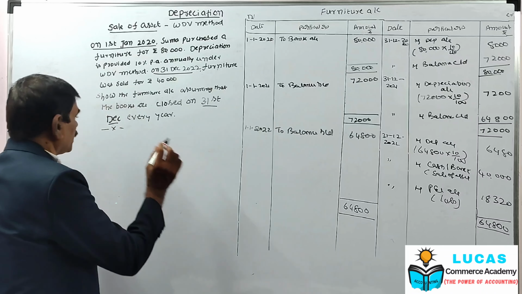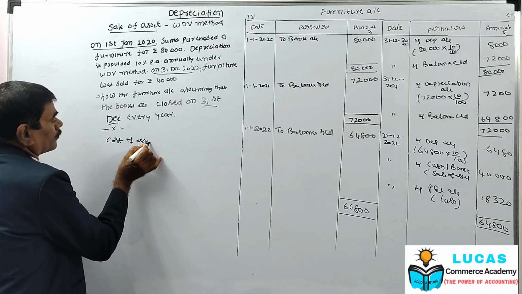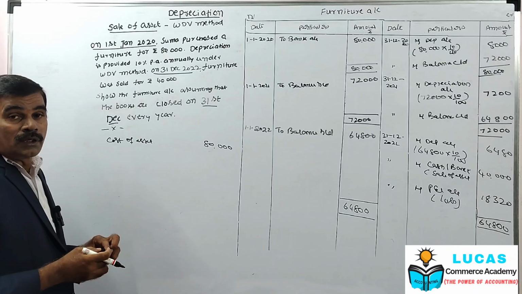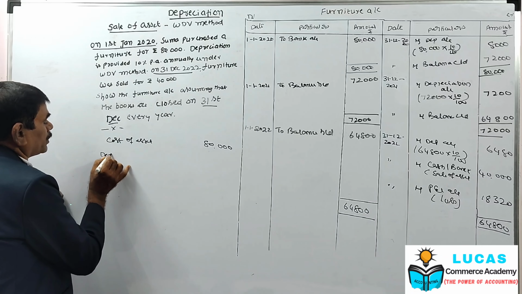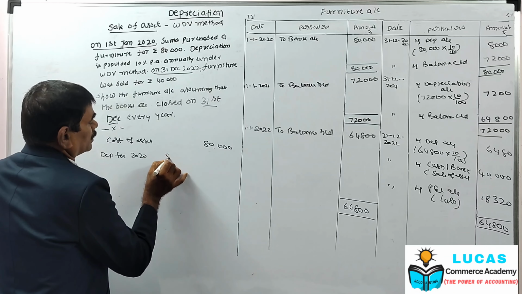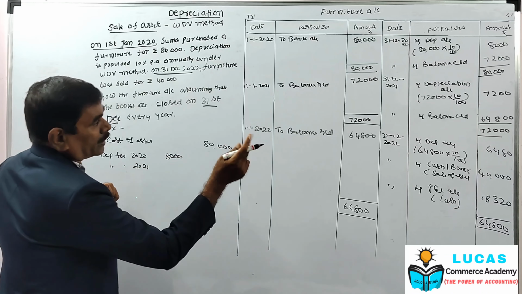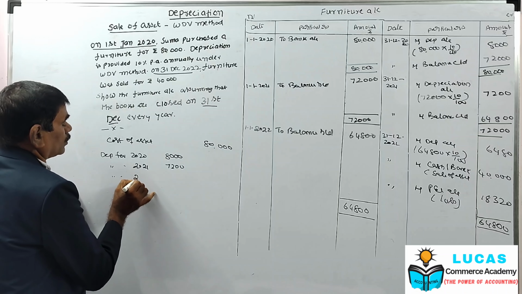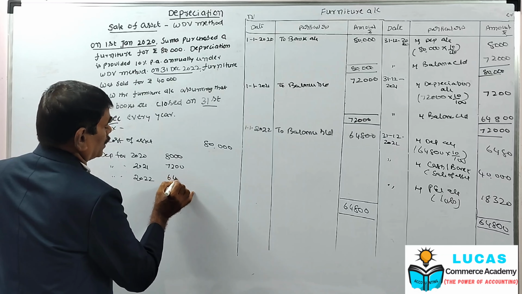This profit or loss, that is 18,320, can also be ascertained by preparing a working note like this. Cost of asset 80,000. Then calculate total depreciation from the date of purchase to the date of sale. Depreciation for 2020, 8,000. Depreciation for 2021, 7,200. Depreciation for 2022, 6,480.